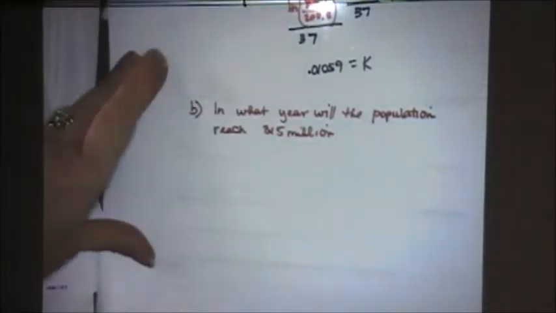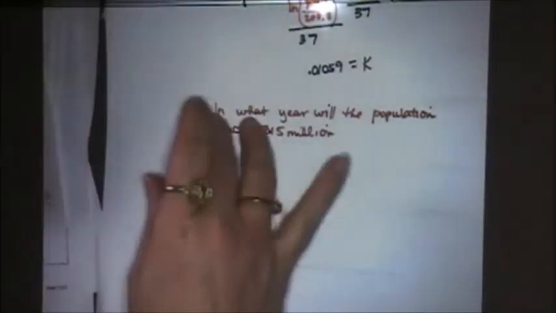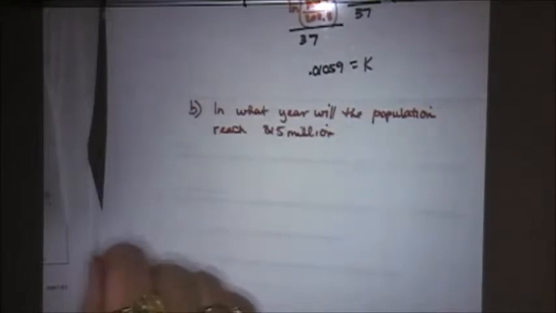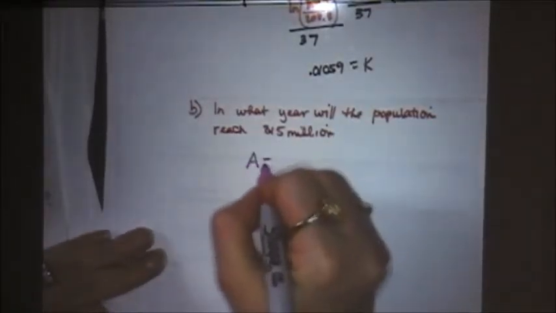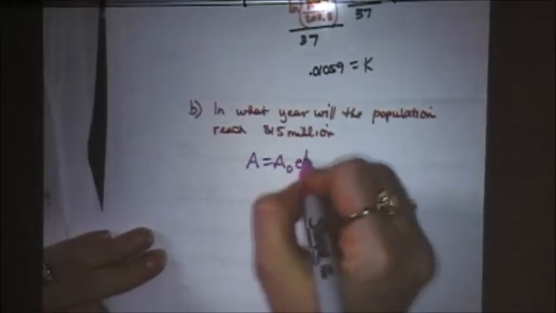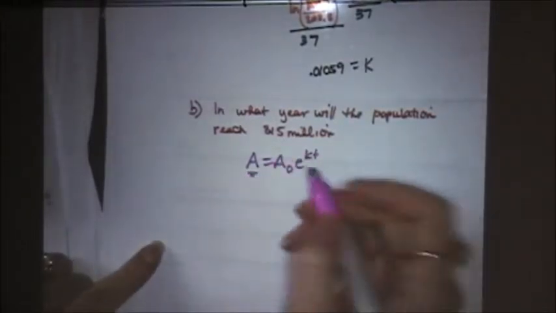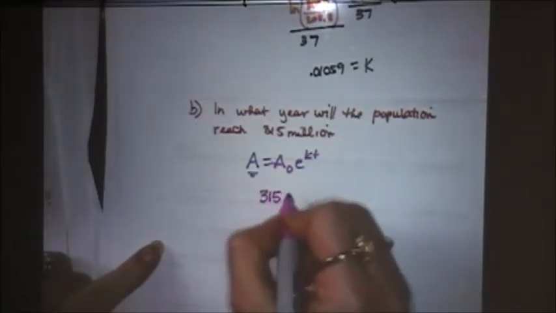So now I'm going to go back. I'm using that same growth function, but now I know my k value. So I'm using A equals A0 e to the kt. I need for my new amount, this amount, to be 315 million.